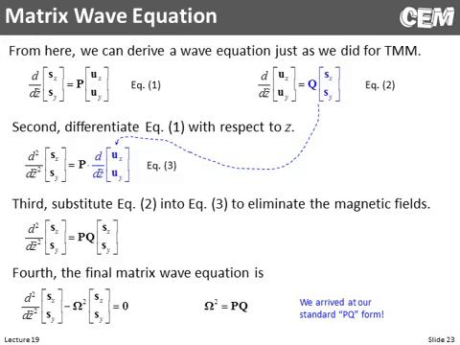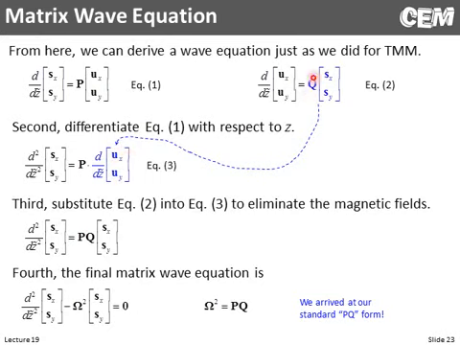Now we're in a good position to derive a matrix wave equation. We'll start with equation 1 that has the P in it, and we'll take a derivative with respect to z. We already have a first order z derivative, so that becomes a second order z derivative. P is not a function of z, so it comes to the outside of the z derivative, but now notice we have the derivative multiplying the magnetic field components.